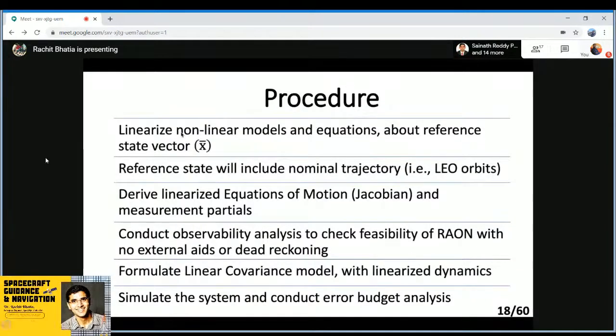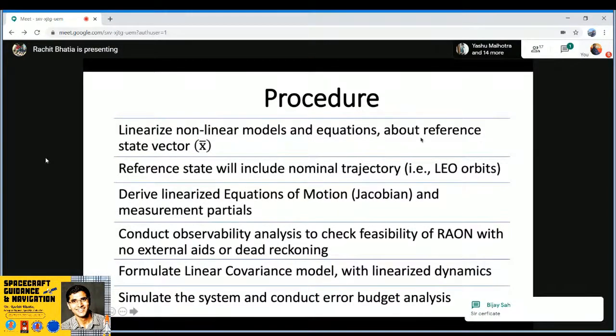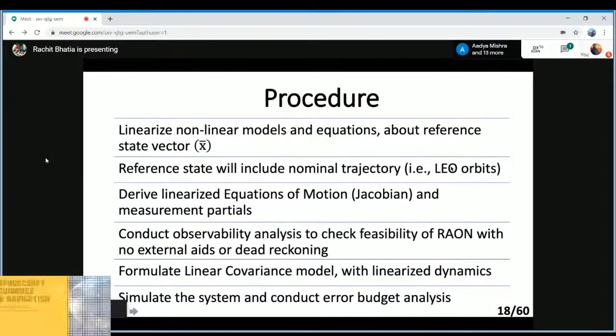It's so much easier to solve linear differential equations and to work with linear models because of their properties. So we linearize them about the reference state vector, or the nominal trajectory, which in this case I define as one of the LEO orbits.